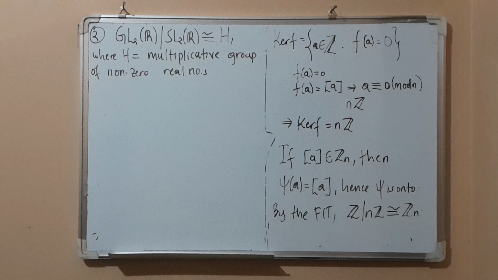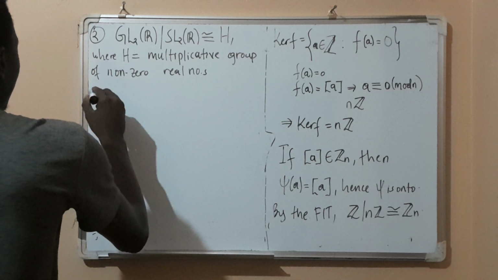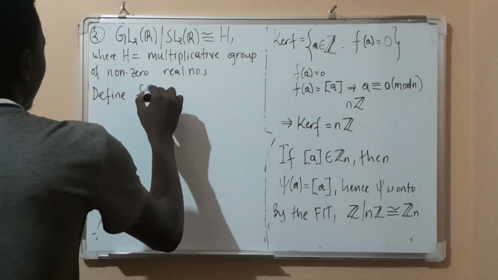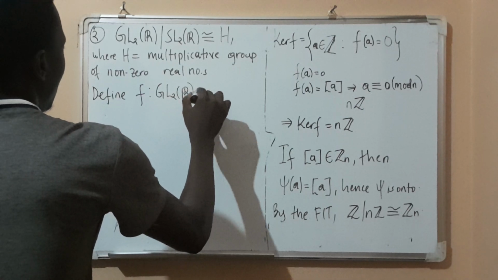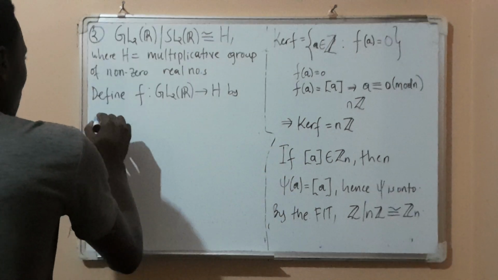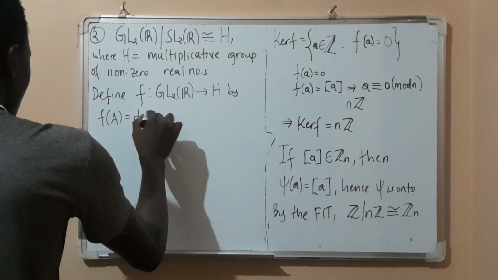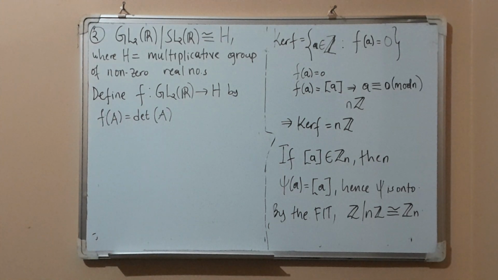So we are going to prove that by applying the first isomorphism theorem. We are going to define our map F from the group by f of A being equal to determinant of A. That's what we are having.